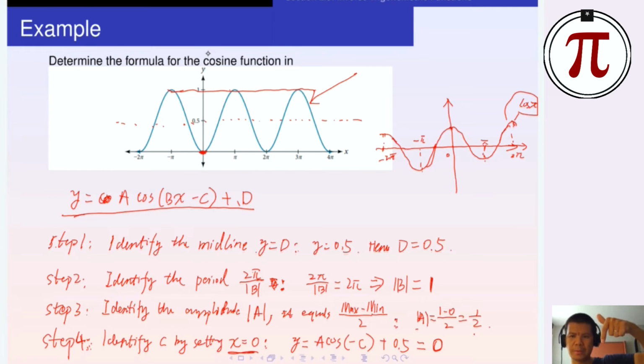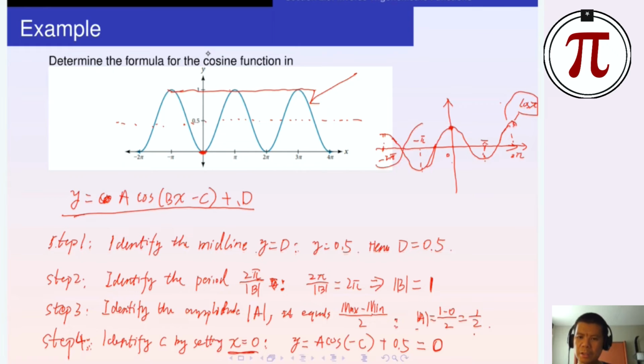For the cosine of x at point 0, it has a maximum extreme value. That implies that the amplitude value is going to be negative, because if you take the negative cosine, it flips.